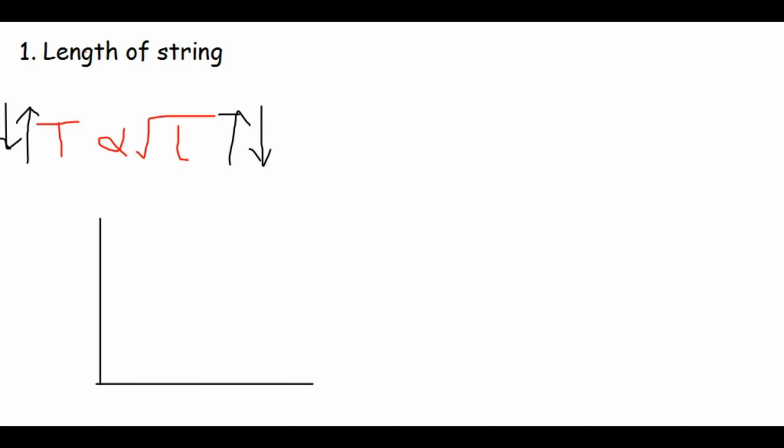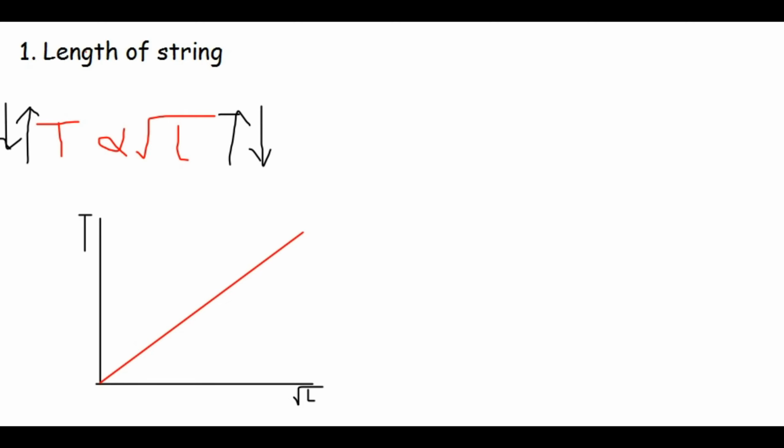Here, I'm going to label the y-axis as T and the x-axis as root L. I'm starting from the origin point. I'm going to draw a line like this.